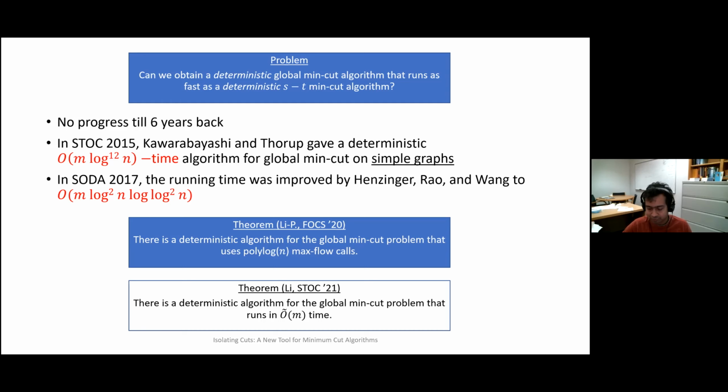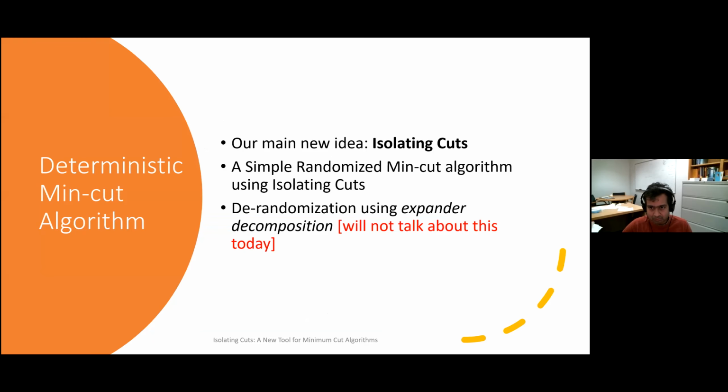Okay, but we're going to focus on the first result because it gives us this new technique called isolating cuts that we are going to talk about more. So what is the idea of this result? The main new idea is this notion of isolating cuts that I'll describe. Once you have isolating cuts, that pretty much immediately gives you a very simple randomized minimum cut algorithm.